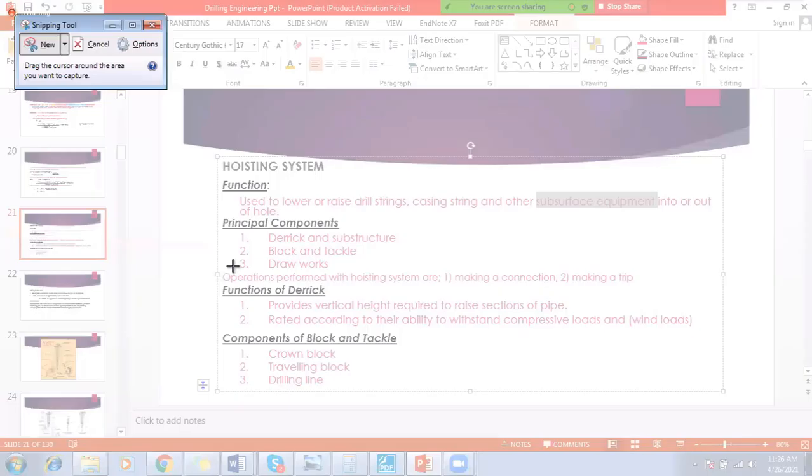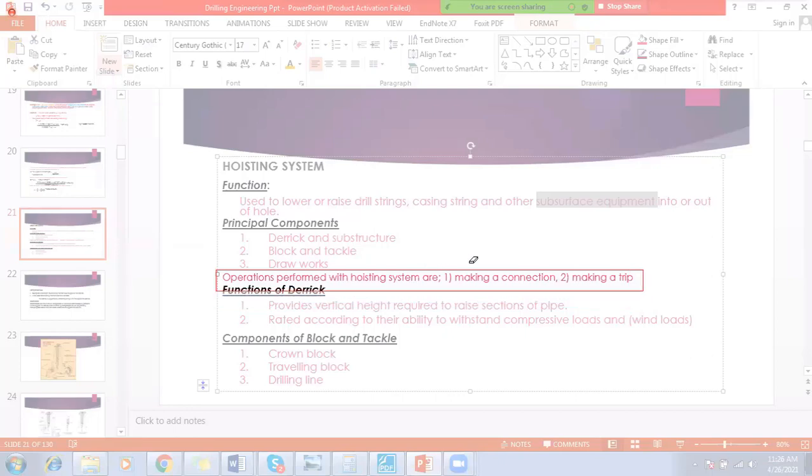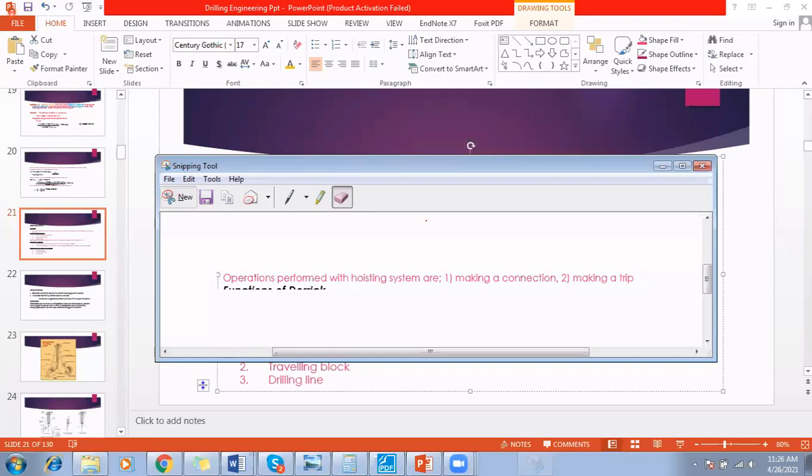So here you can see that I have mentioned a statement. It is actually making a connection and making a trip. So what exactly is it? When you are joining one drilling pipe to another, then you will stop the fluid circulation, and this activity will be called making a connection.